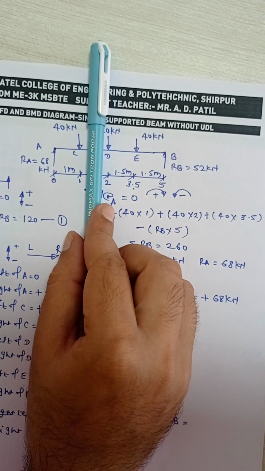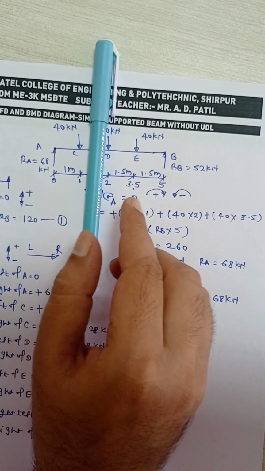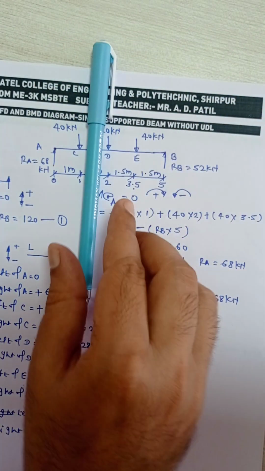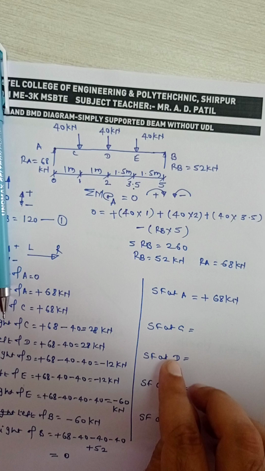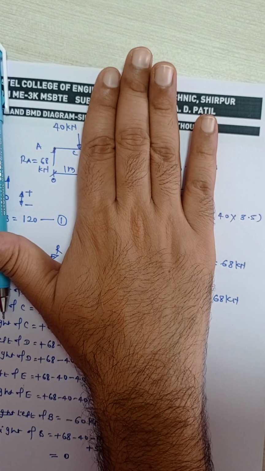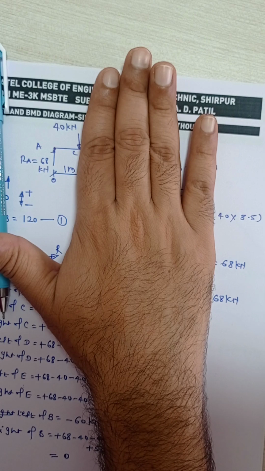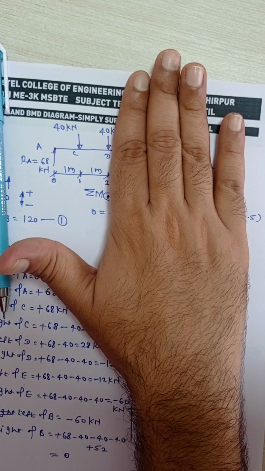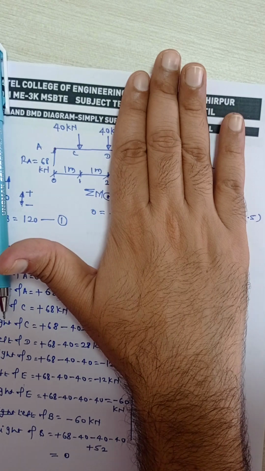Next, SF at C. Observe only the forces up to point C. Do not look backward. Do not consider the backward forces. SF at C means only consider this much for the calculation. SF at D means consider the beam this much only.